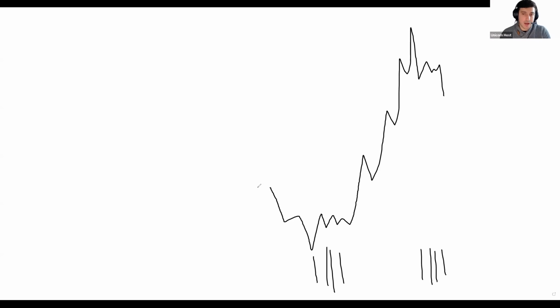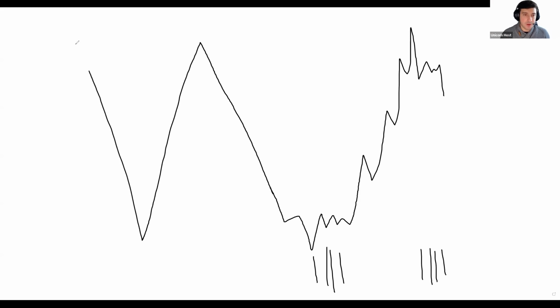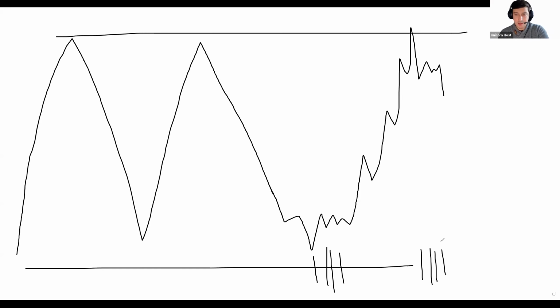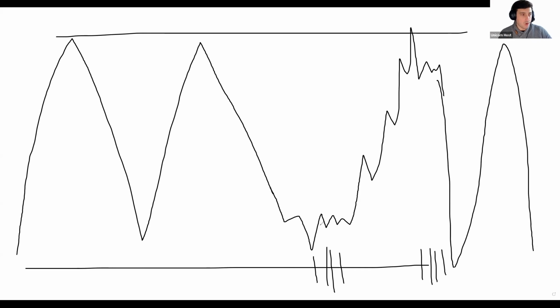When you go to a higher time frame, you'll see this is all part of a bigger range. Whether this range continues and still forms a range, or pops out of the range, depends on what the story is telling us, which we'll talk about. But it simply tells you you're not in a trending market on a higher time frame.